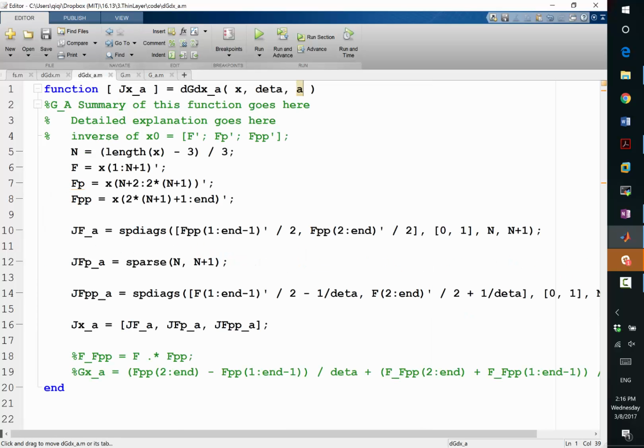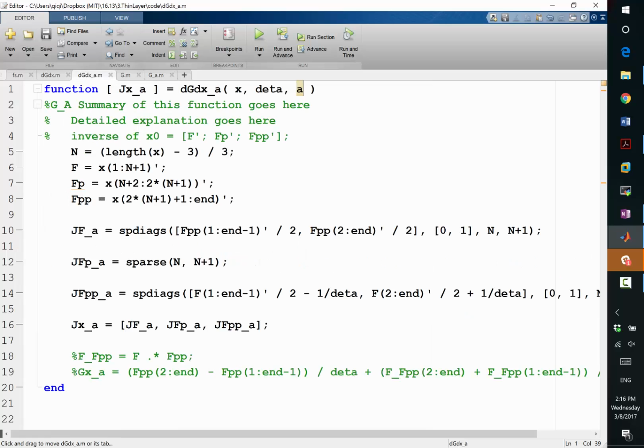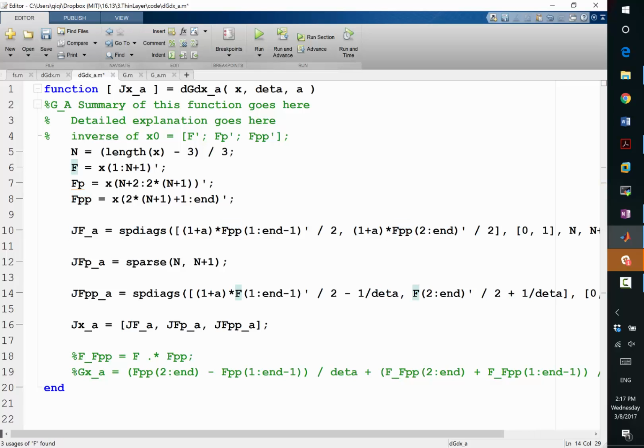Now I want to also differentiate this new term. To differentiate it, first of all, I need this factor of 1 plus A inside which lines? I think here. That is a differentiation of the 1 plus A term. And I think this is also a differentiation of the 1 plus A term.